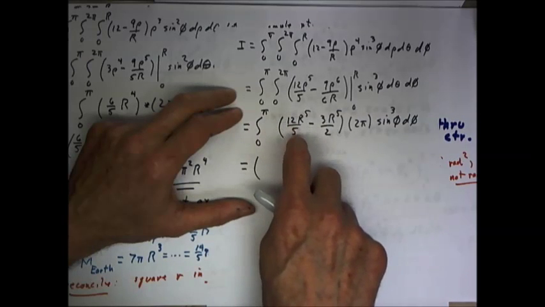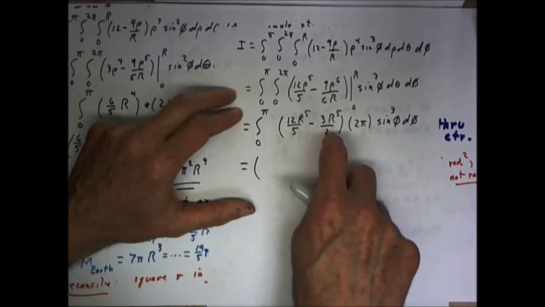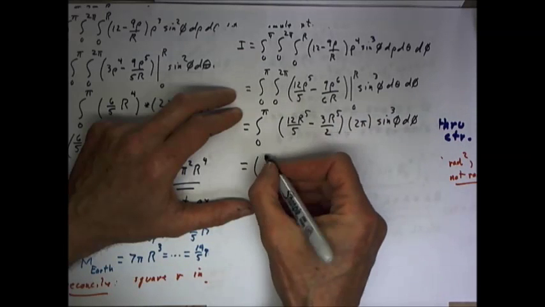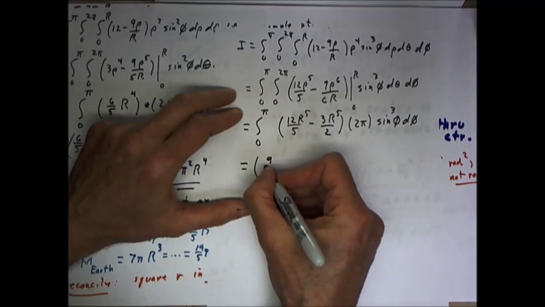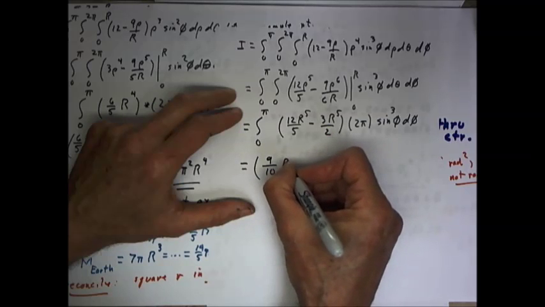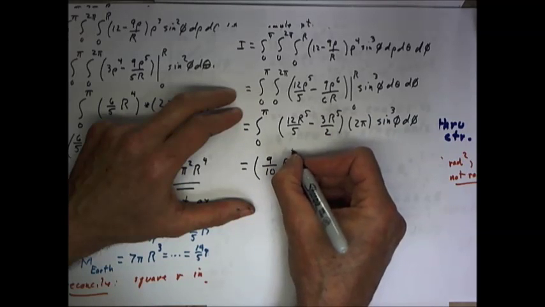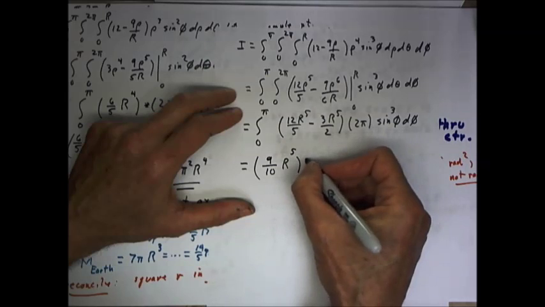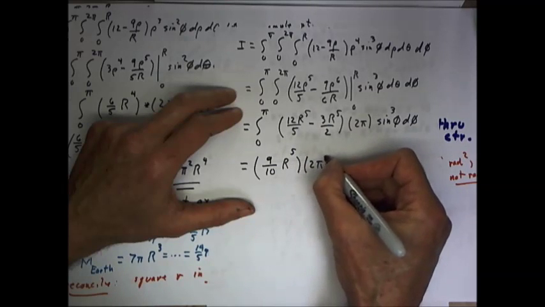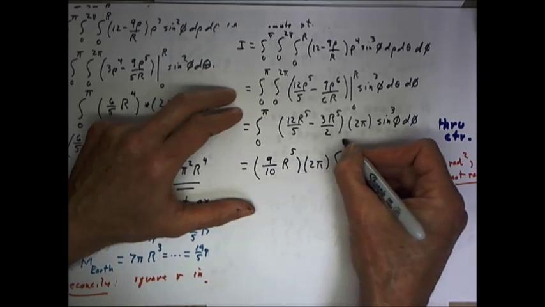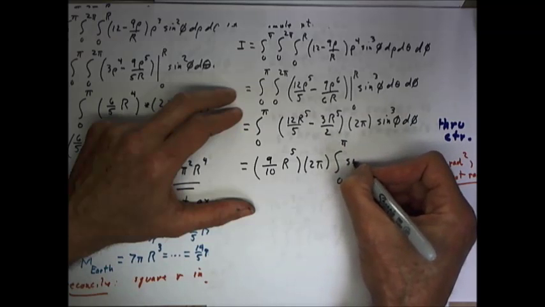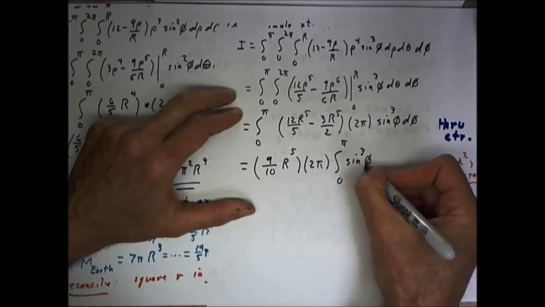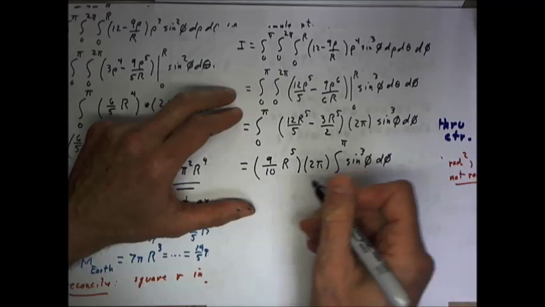It's going to be 24 over 10 minus 15 over 10, which is 9/10. R to the fifth multiplied by 2 pi multiplied by the integral from 0 to pi of sine cubed phi d phi.